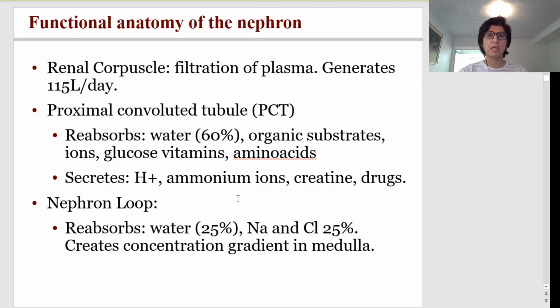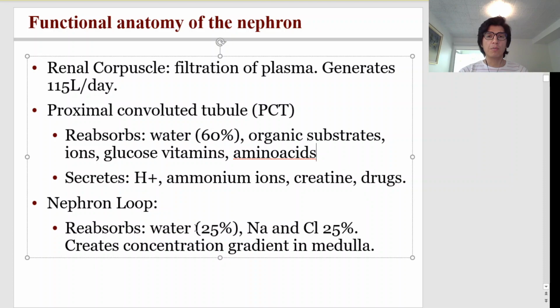So basically, here there's regulation of pH and of waste products. They can be secreted at this level, and most of the reabsorption, 60% of the water, occurs here, as well as most of the absorption of nutrients such as glucose.